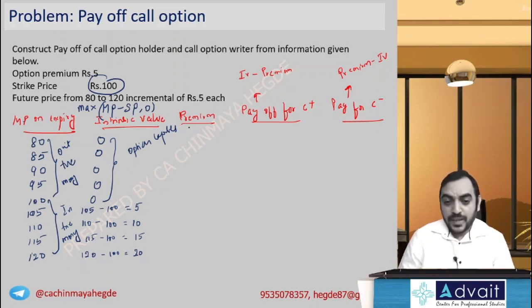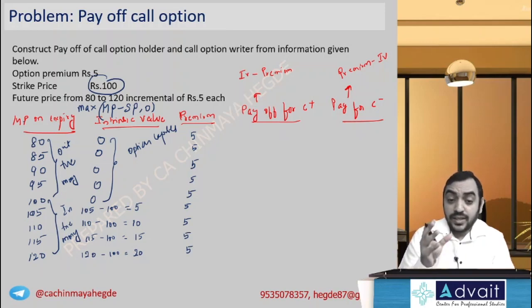Premium paid is 5 rupees each. It's all about 5 rupees, everywhere 5 rupees, and paid at the beginning itself. Payoff for the holder will be the intrinsic value minus premium.